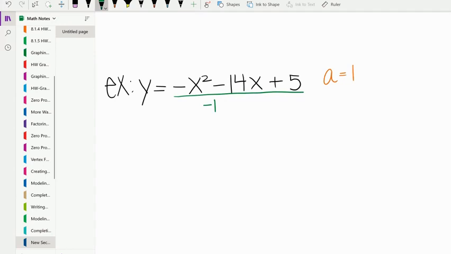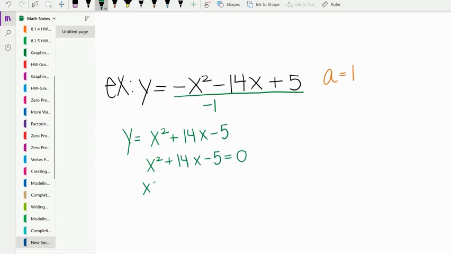So we're essentially factoring out a -1. So if we do that, we get y equals, and then we have x squared plus 14x minus 5.